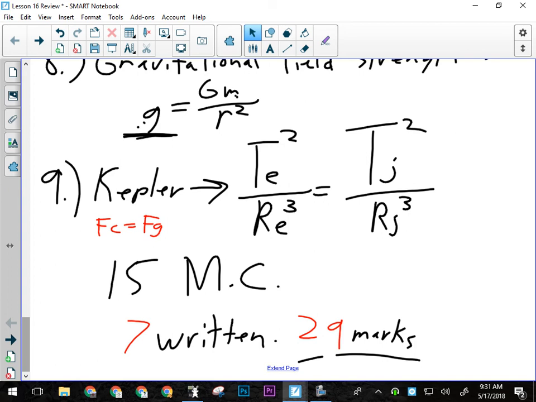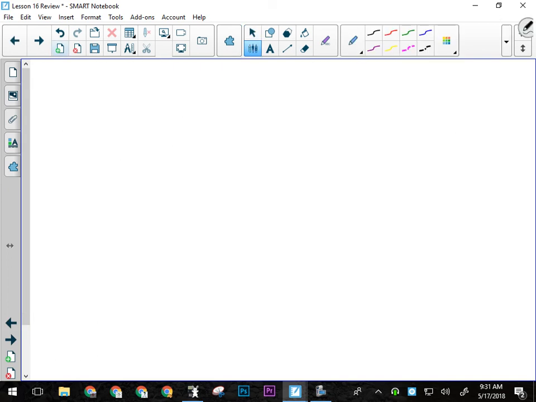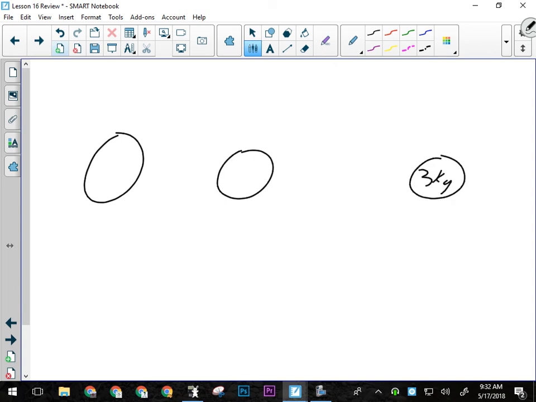Okay. So if we want to find the net gravitational force, let's say I've got these 3 objects in a row here. This one is 3 kilograms, this one's 4 kilograms, and this one is 5 kilograms. I want to find the net force on the 4 kilogram mass.